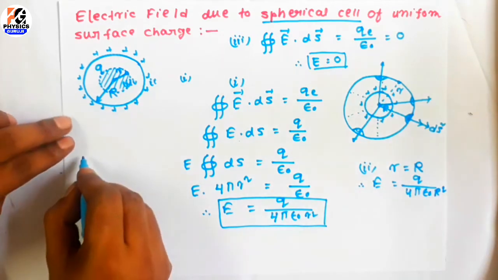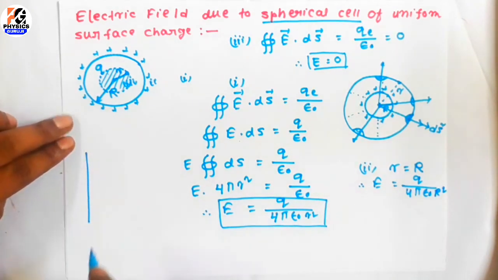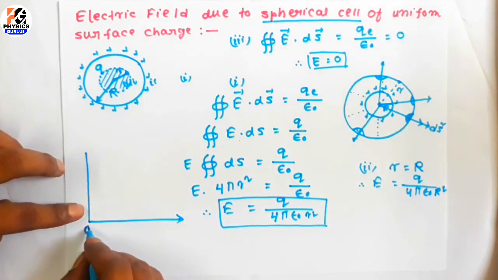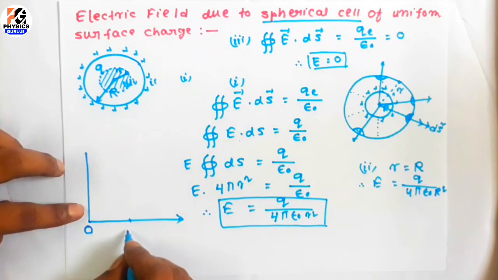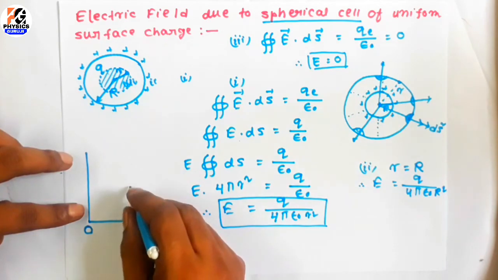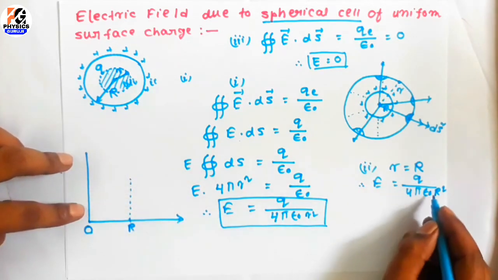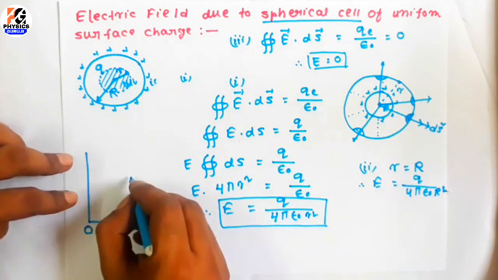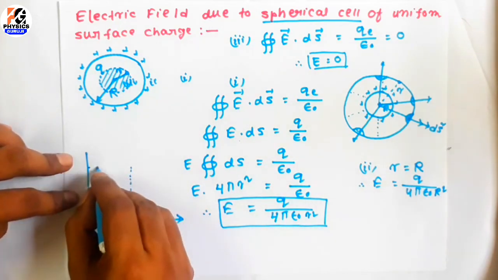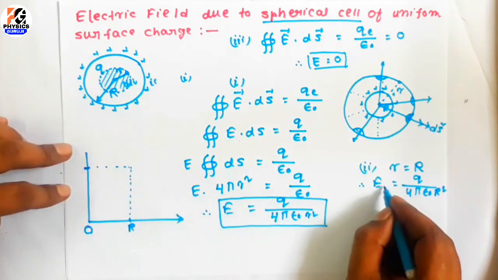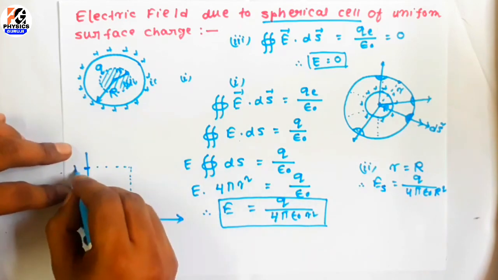So the graph will show that this is the distance from the center of the sphere, this is the surface of the sphere, and this is outside. So I get here on the surface the electric field is E equals q by 4 pi epsilon 0 R squared. Let this be that amount of electric field, that is, this is E on the surface, we can write E_S here.